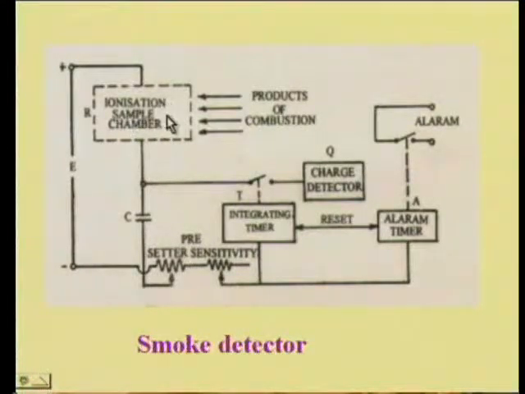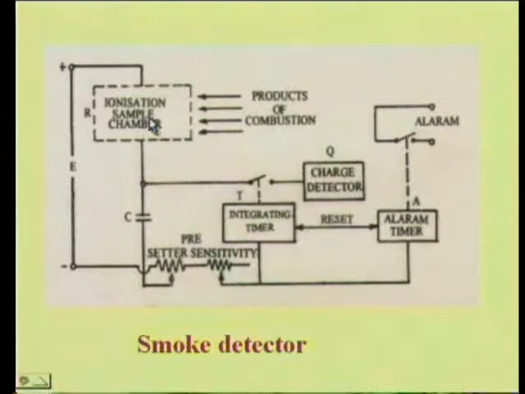Under general conditions, because of the ionization, these positive and negative electrodes are there. Between these two some current will pass, and under normal condition this capacitor is there. This is working as an RC circuit.